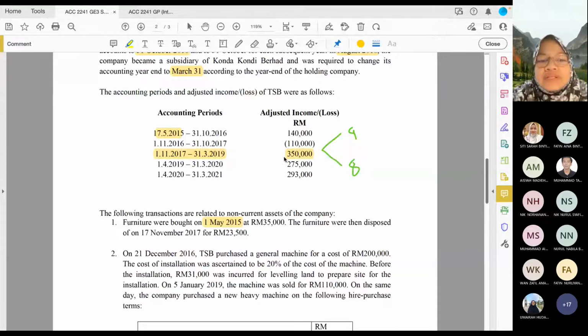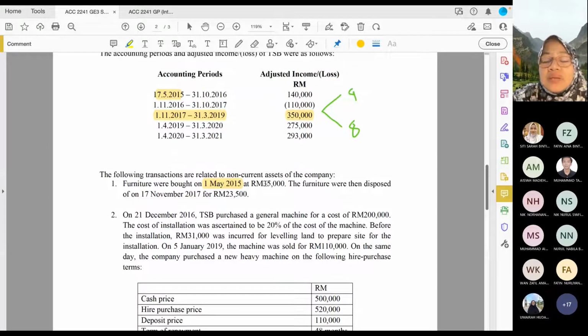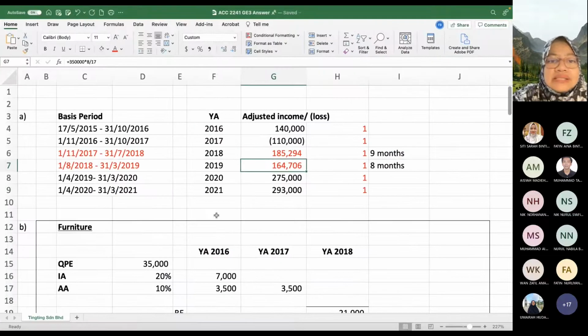For the first one, furniture, again, if you have incurred your capital expenditure prior to commencement date, whatever expenditure is deemed to be incurred in the first year of assessment, or on the first day of your commencement. So here the 35,000 will be claimed in YA 2016. The first YA is 2016.